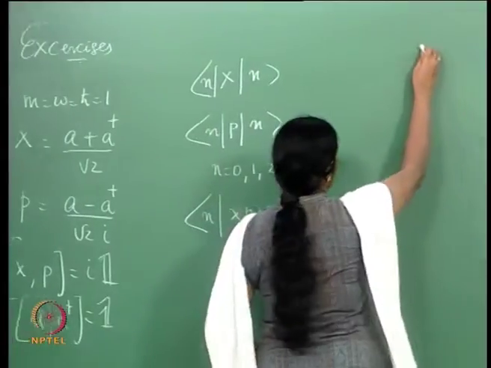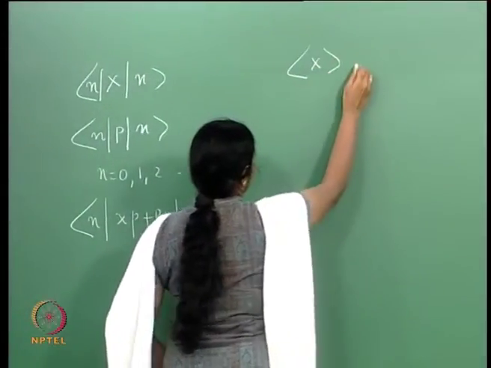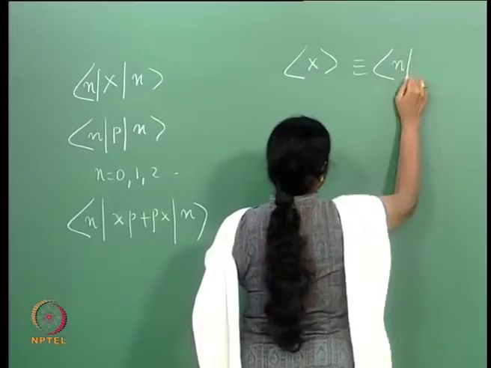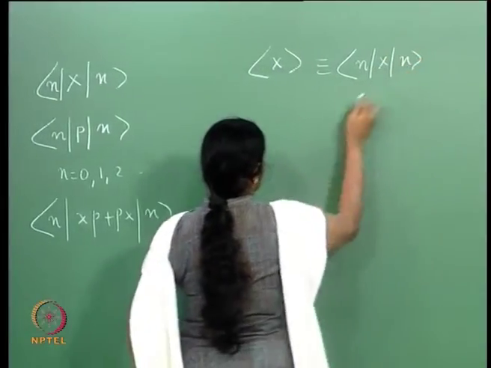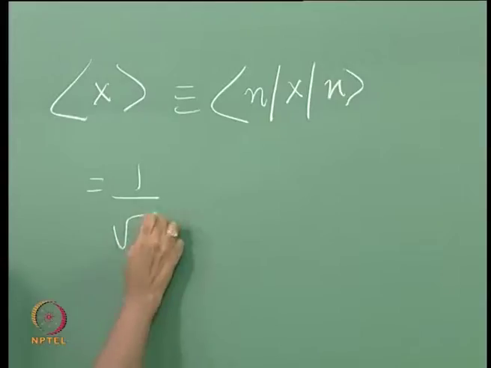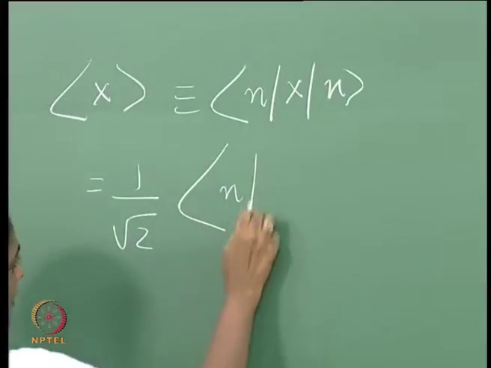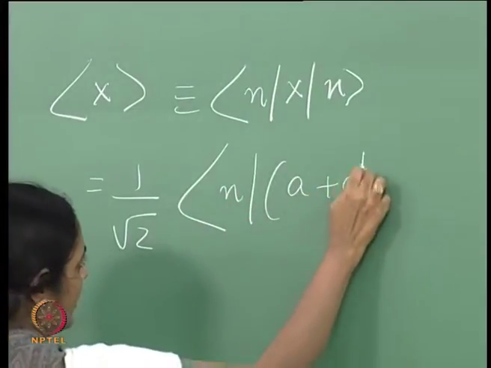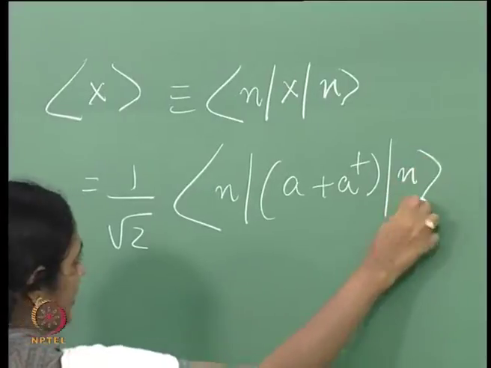So let us start with the expectation of x. This is identical to n x n, and that equals 1 by root 2 times n a plus a dagger n.